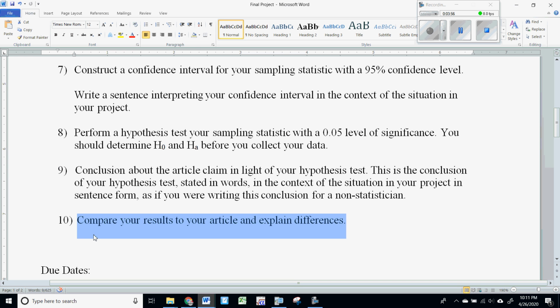For example, the statistic that I tested was 83% of teens have iPhones. When we looked at our survey, it was a much higher percentage than that. So why is that different? One, we surveyed pretty much juniors and seniors, and I'm just hypothesizing here myself on what the reasons would be.